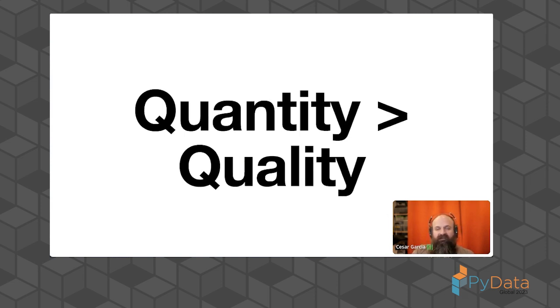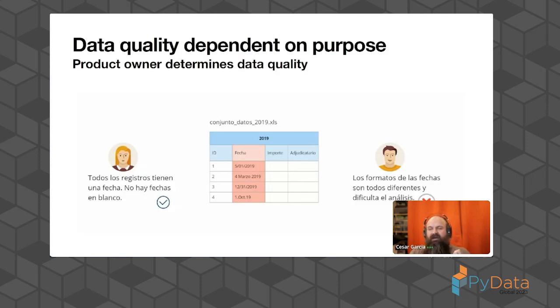The main problem is that in this first decade, quantity has trumped quality. So in several cases, you go to the dataset and say, oh, this is not what I was expecting. And this is a problem. But the main issue with quality is that data quality depends on purpose. Maybe the publisher said every single date here on screen is a proper date, so it's perfect for me.